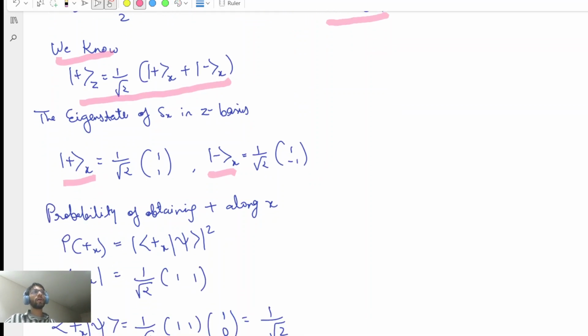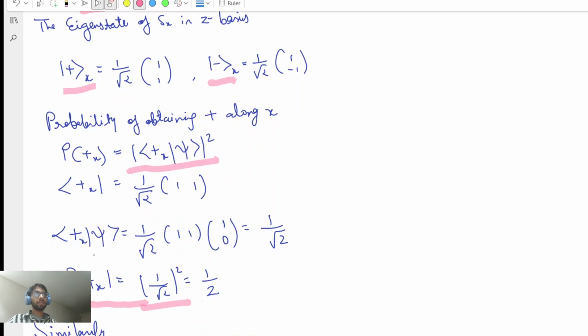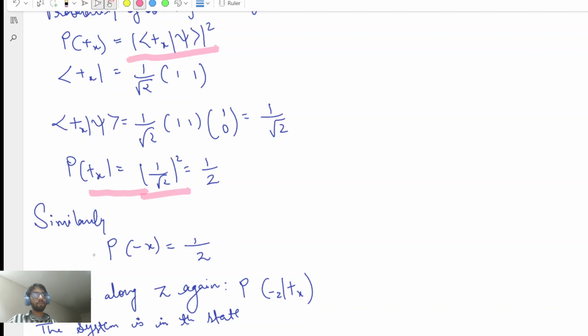Now we have to find the probability of obtaining plus along x. We know that the probability is the mod square on the states. So we just do the calculations. We get the probability is half in the plus x-axis. Similarly, for the minus x-axis, it should be half.